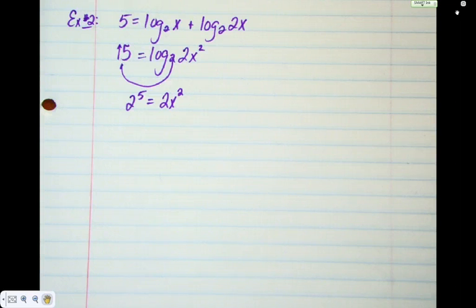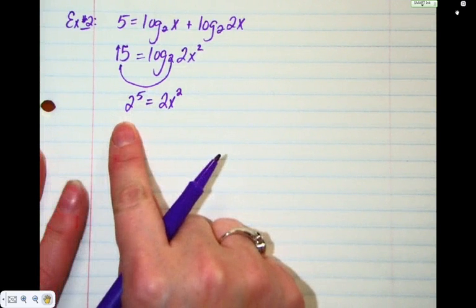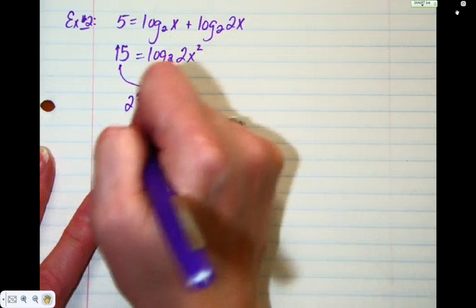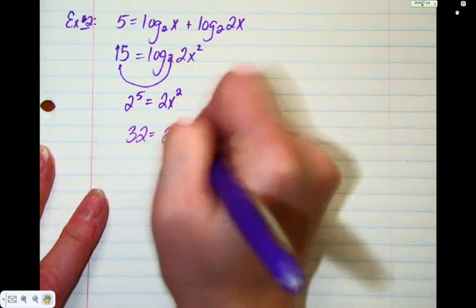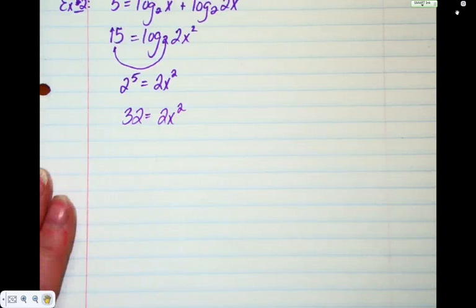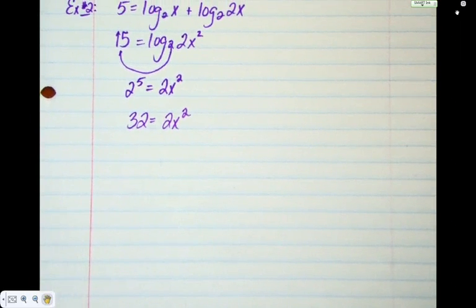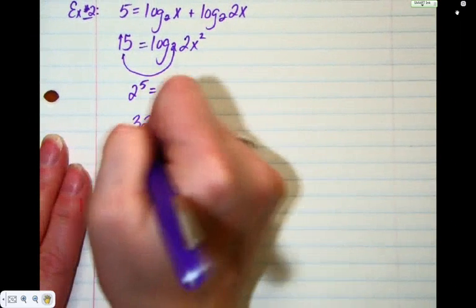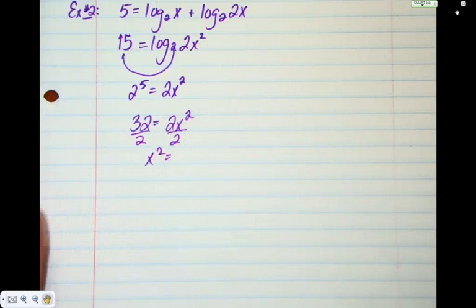I would not want to do quad formula. I'd probably want to do square root because you don't have an x hanging around. You just have that x squared. So first we have to deal with the 2 to the 5, 32. Divide by 2. x squared equals 16.